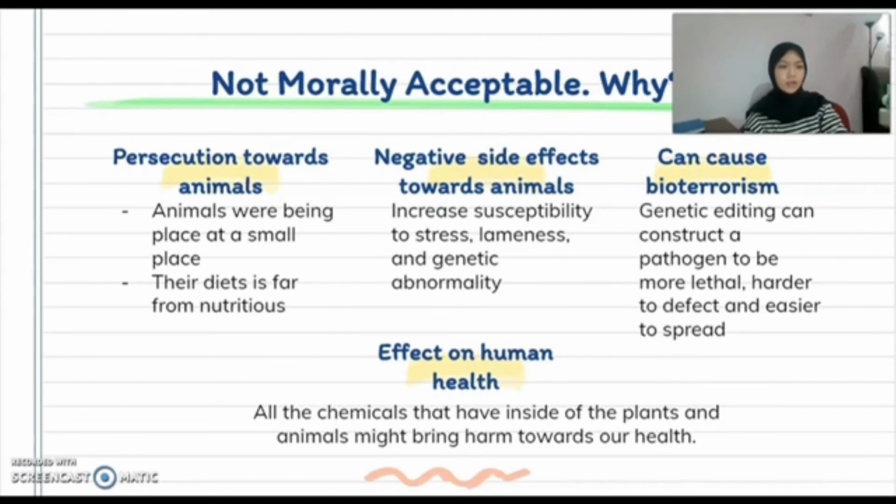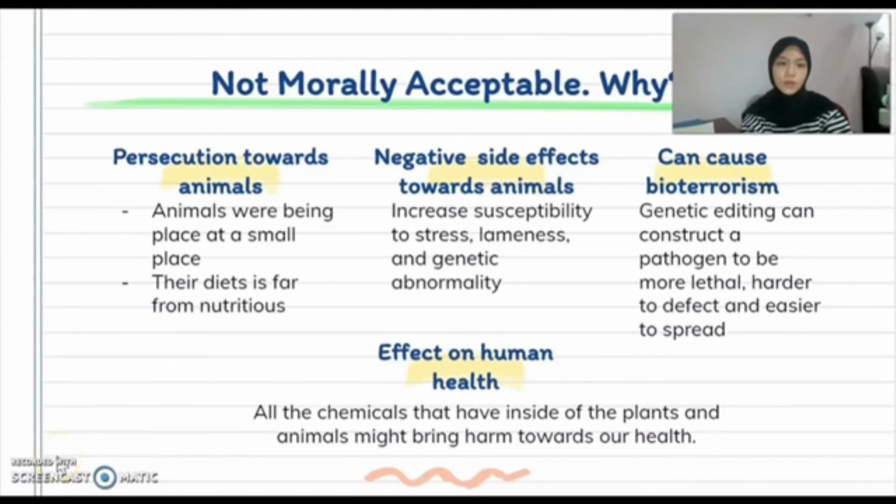It has killed a lot of people, right? So genetic engineering ni kalau disalahguna pakai, it can make terrorists easily engineer a certain bacteria to be resistant to several kind of antibiotic. And cara penyebaran dia also can be making it easier for the pathogen to spread.